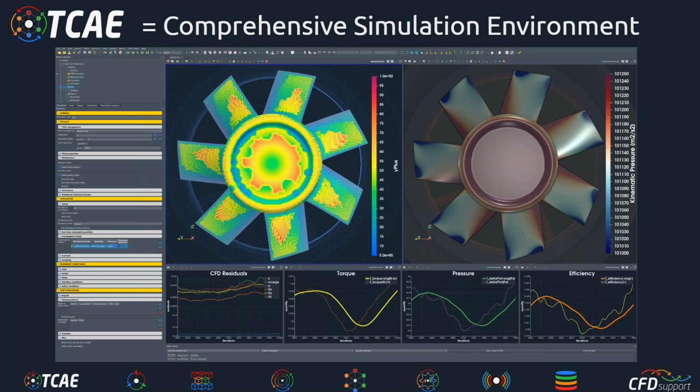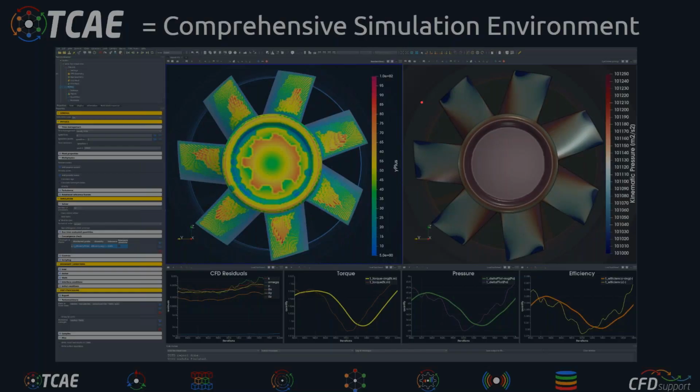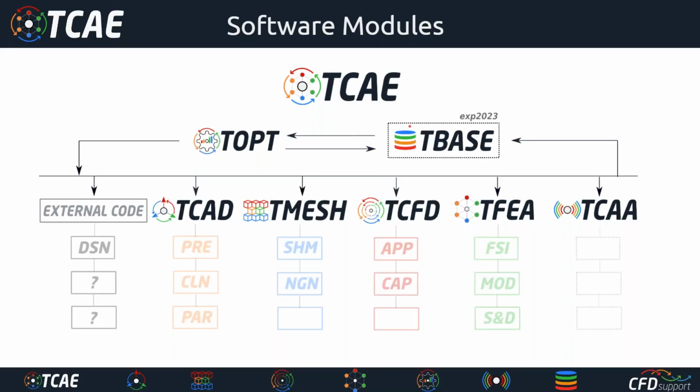It's simulation software where engineers can simulate especially CFD simulations and also FEA, acoustics and optimization. And it's based on open source. It consists of individual software modules. They're standalone tools. The users can decide how to use them, if at all.